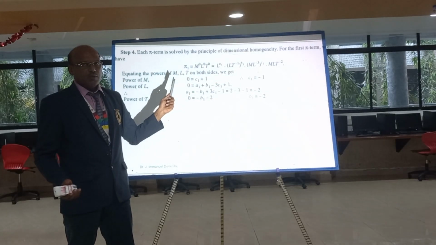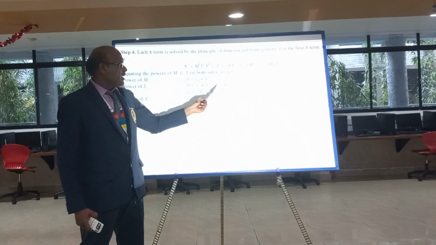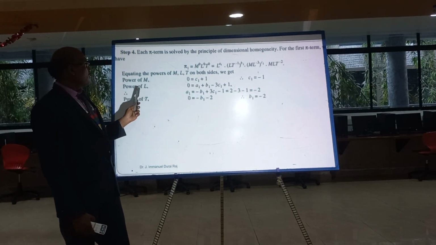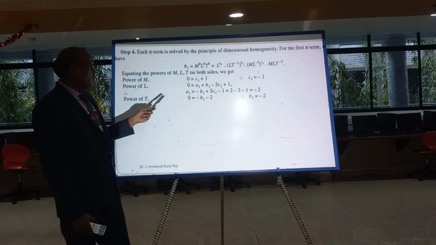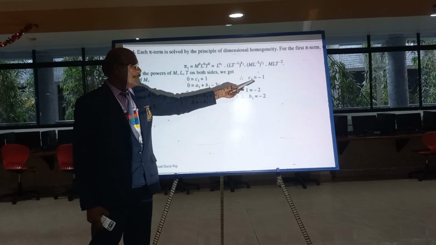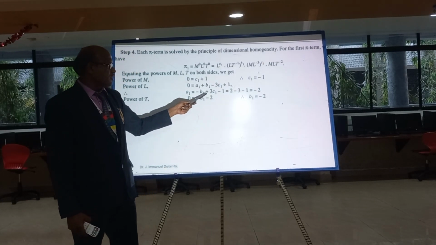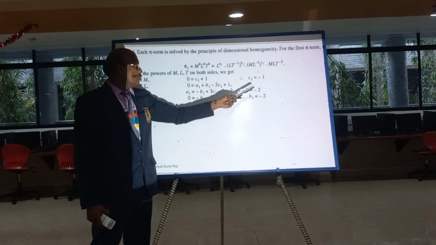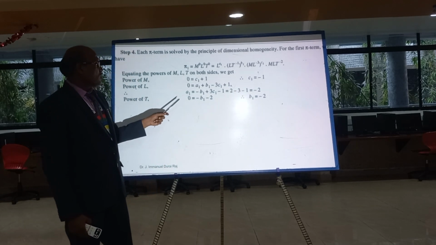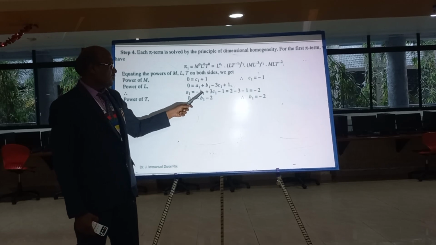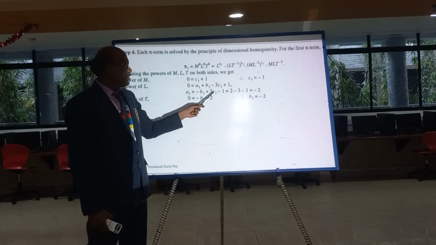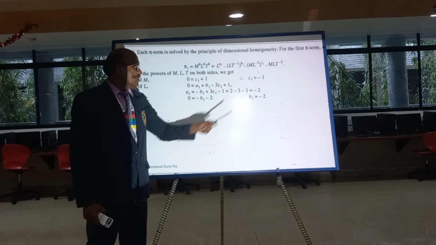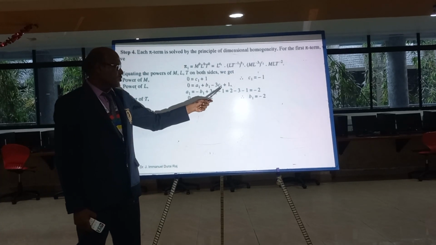On the right hand side we have L power A1, L power B1, L power minus 3C1, and L power 1. So equating the L powers, 0 equals A1 plus B1 minus 3C1 plus 1. Similarly go for the powers of T. If you rearrange this, we already know the value of C1, so you can substitute it here. I can write A1 equal to B1 plus 3C1 minus C1, and instead of C1 I can substitute minus 1.